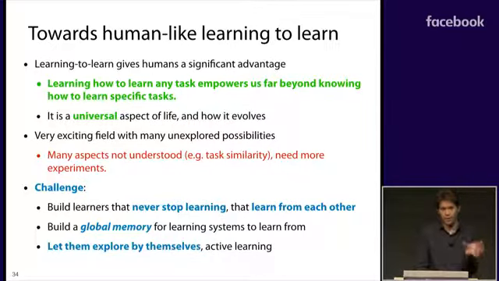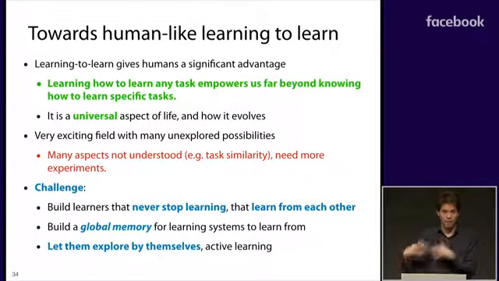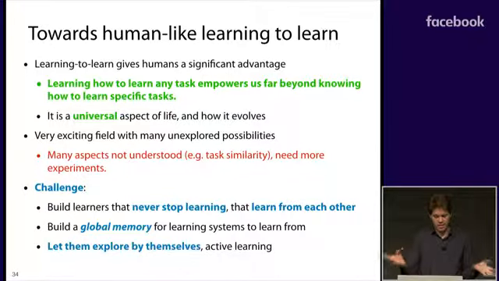Right? If one learner learns a very good representation or a very good pipeline, some other learner should be able to reuse that pipeline or that feature representation. And we can build a global memory where these systems can talk to each other and share their information.